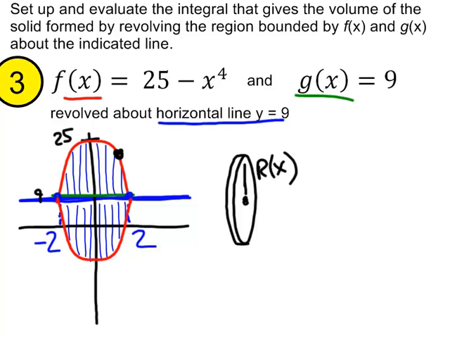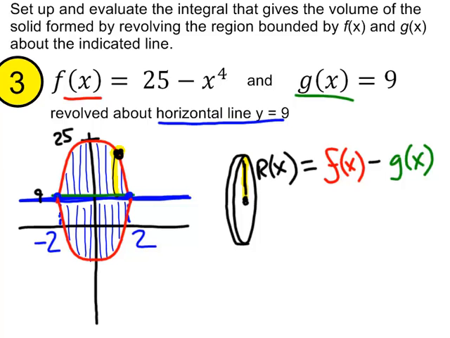What is that r of x? Notice that r of x is no longer the distance from a point on f of x all the way down to the x-axis. It's not that long anymore. It's the distance between f of x and g of x. That difference between f and g is r of x. And you can even write, at this point, if you like, r of x equals f of x minus g of x.